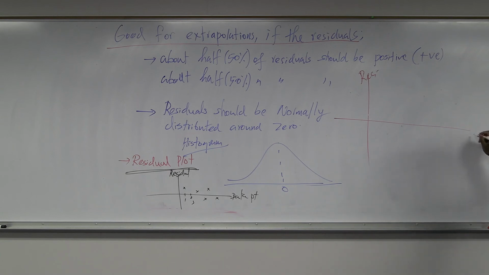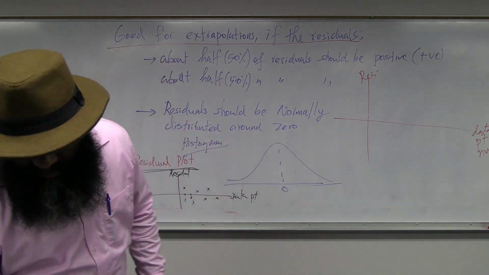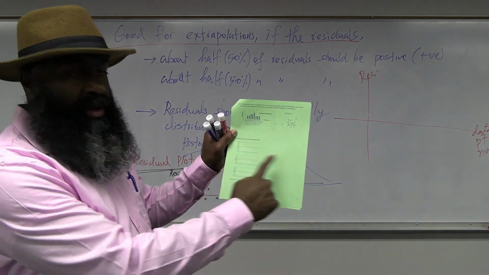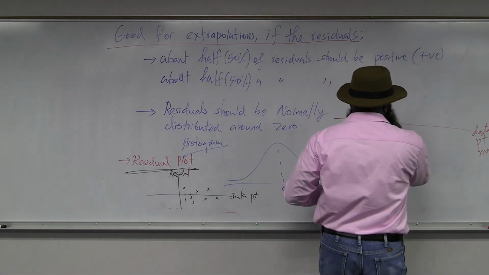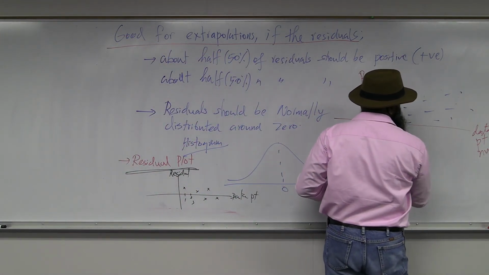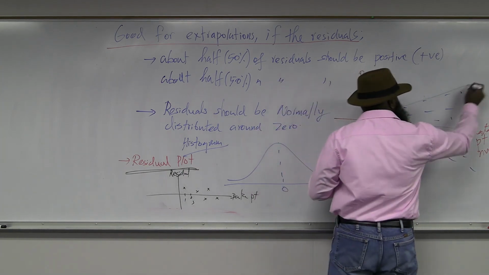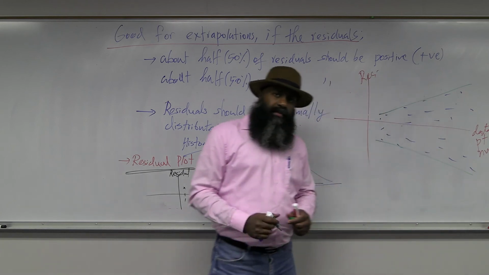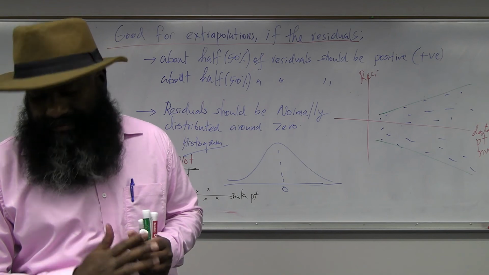Of course, the x-axis is the data point number, whether it's the first data point, second data point, third data point, and so on. Now, in the first residual plot, you can see that there's an overall increasing pattern of residuals. Therefore, it is not good for extrapolations.